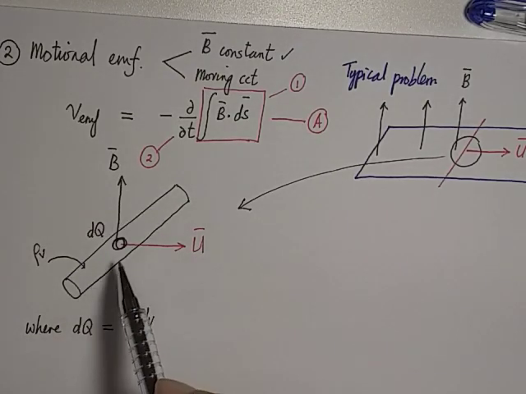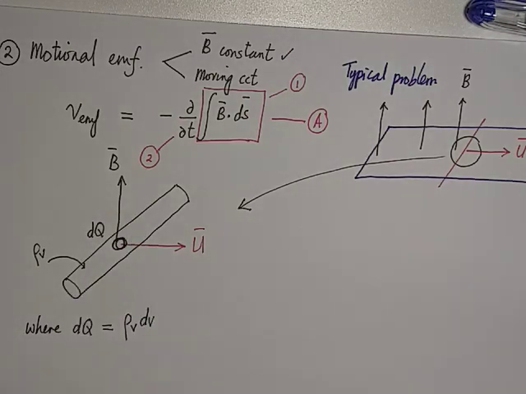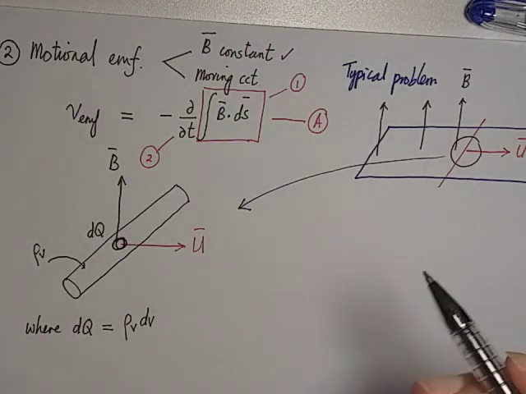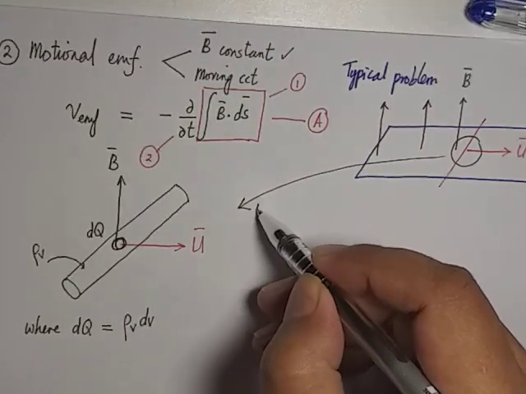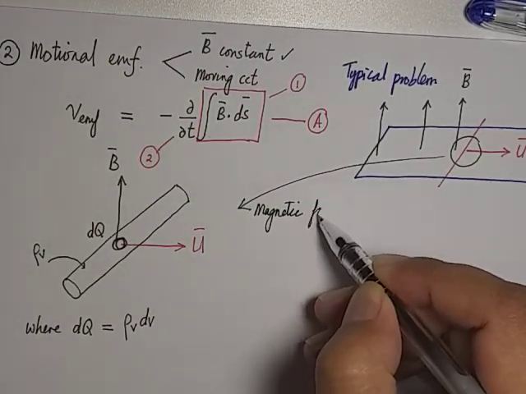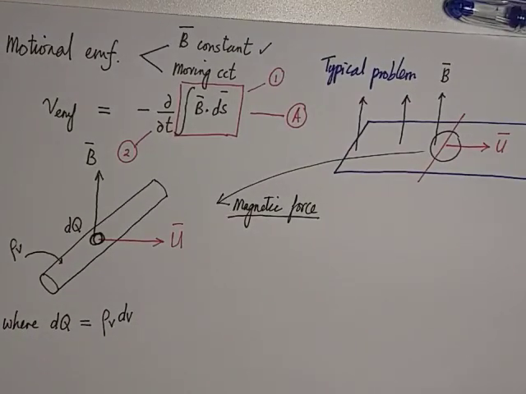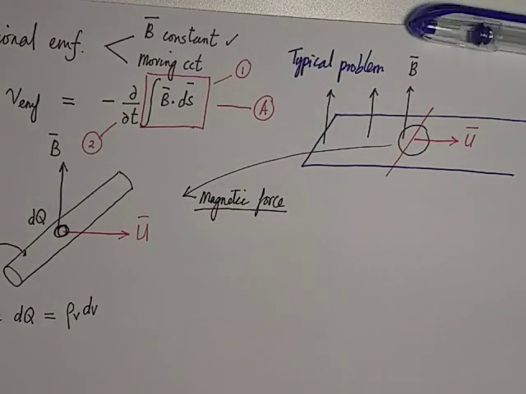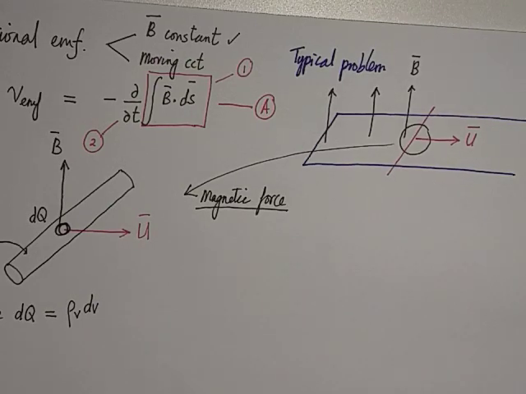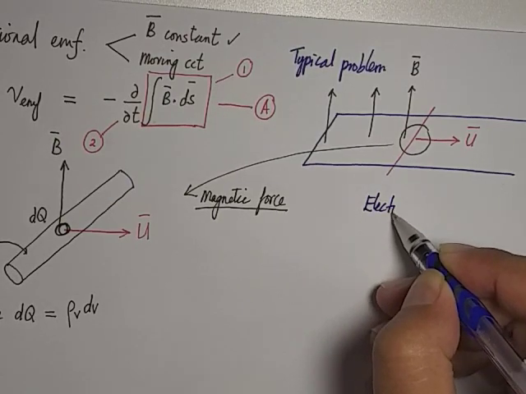So then we ask ourselves what happens to this sample dq due to the existence of vector u and vector B. In order to explain that, we have to go back to the idea of magnetic force. So I'm going to talk about magnetic force now. But for us to talk about magnetic force, it is logical we discuss electric force as well, because they are similar.